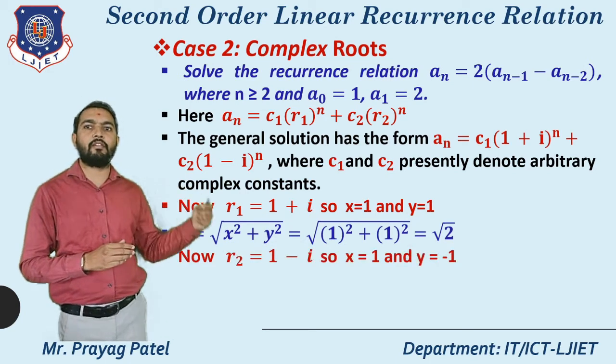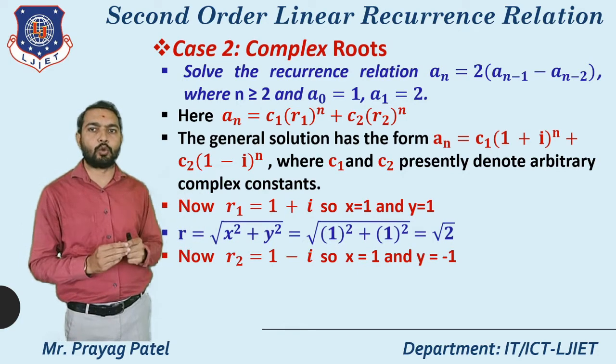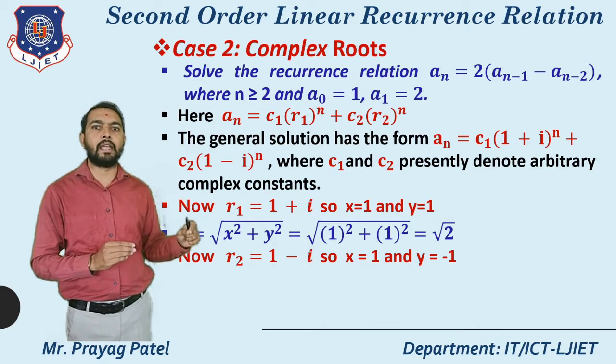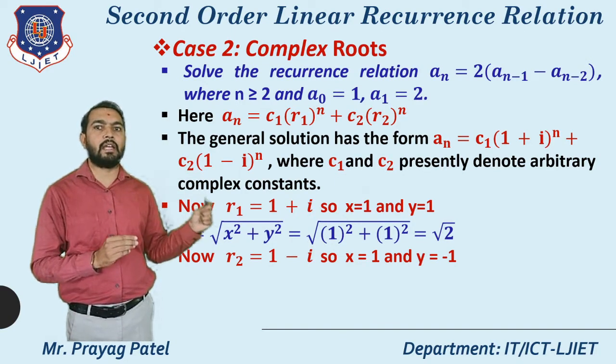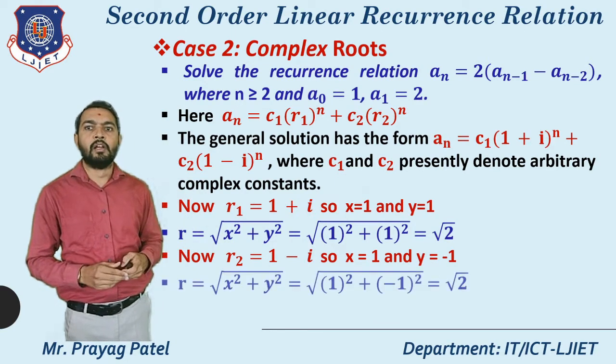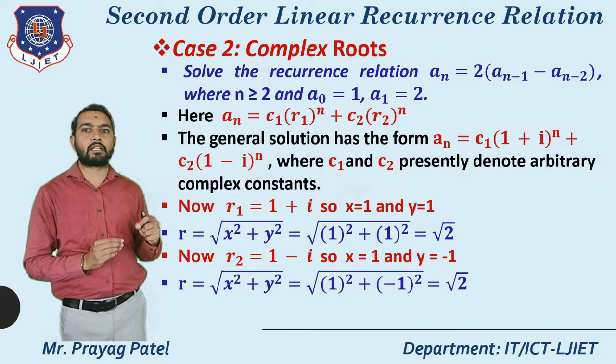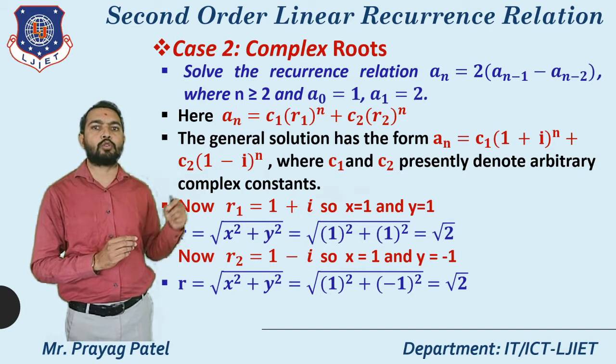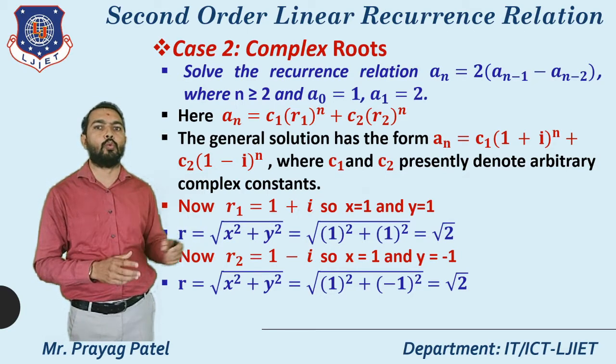In the same way we apply this for r2, which is 1 minus i. So x equals 1 and y equals minus 1, because the i sign is minus. And to find r, r equals the square root of 1 squared plus (minus 1) squared, so the answer is root 2.